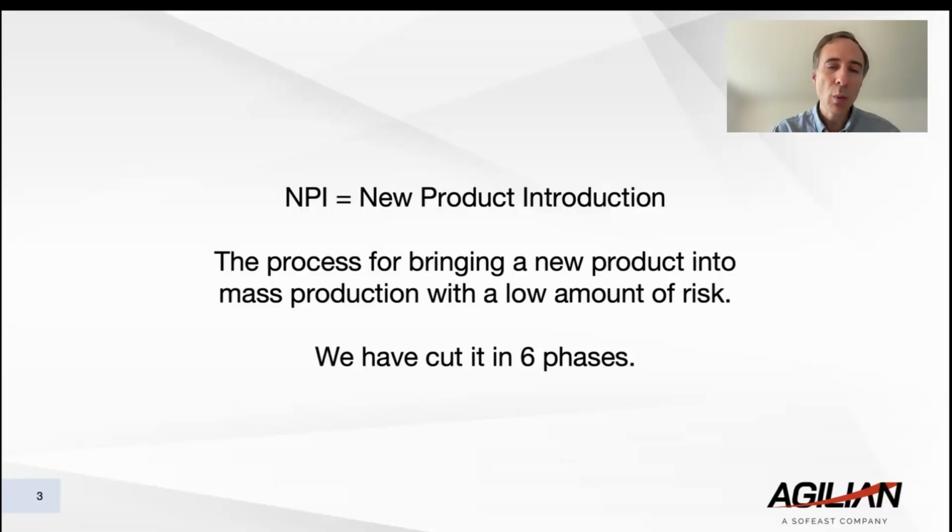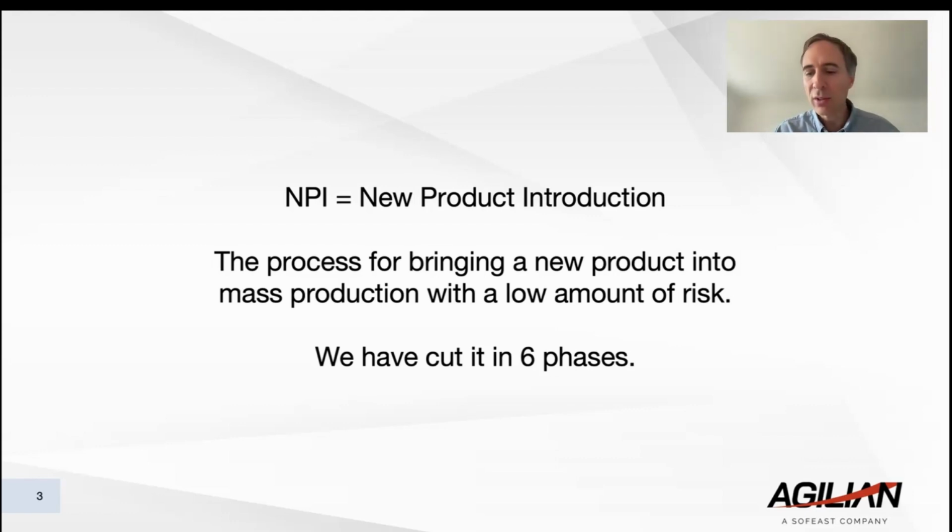So what we call NPI is new product introduction, is a very common expression in electronics, but it's getting more popular. And basically, it is the process of bringing a new product into mass production with low risk, or let's say a controlled amount of risk, because it depends on the priorities of the project team, obviously.